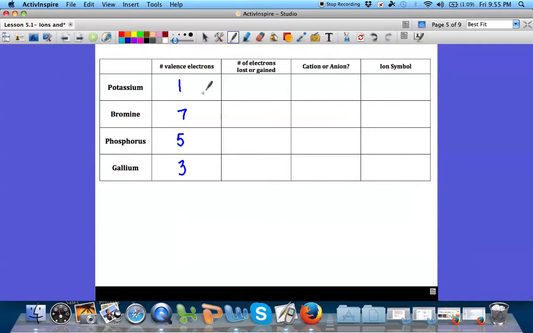So potassium has 1. It's going to lose that 1 electron to get to 8. And when we lose that 1 electron, it's going to be positively charged, and that means that it's going to be a cation. The oxidation number, or the charge, for potassium is going to be a 1 plus.